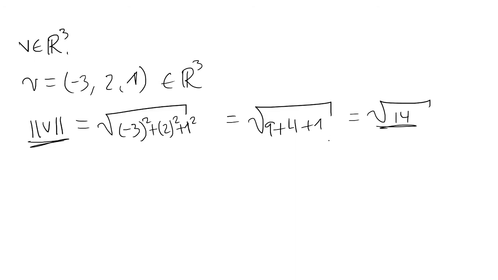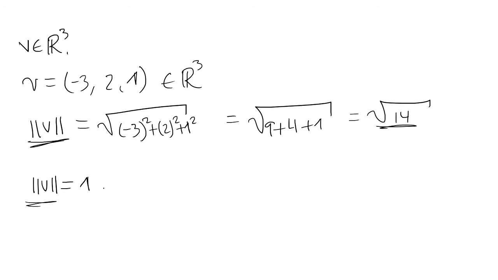Let me introduce to you the meaning of a unit vector. A vector of norm 1, so if we have the norm of v equal to 1, then v is a unit vector. Such vectors are useful for specifying a direction when length is not relevant to the problem at hand.